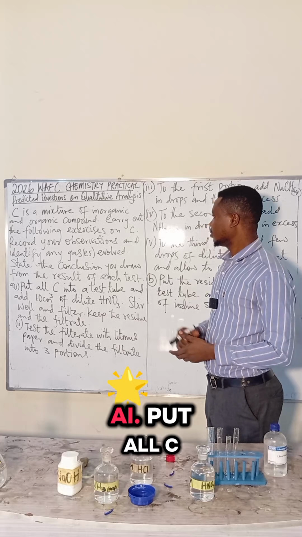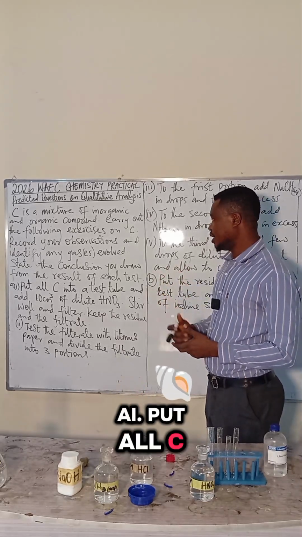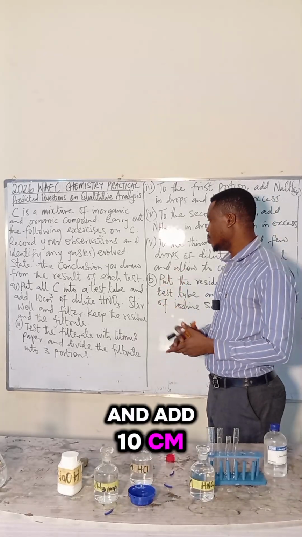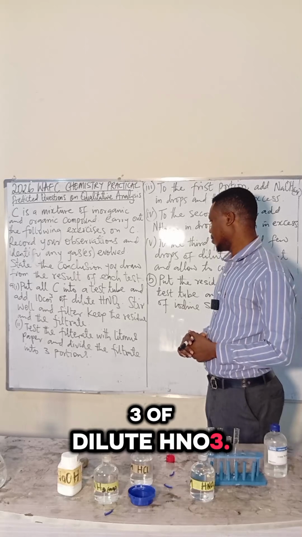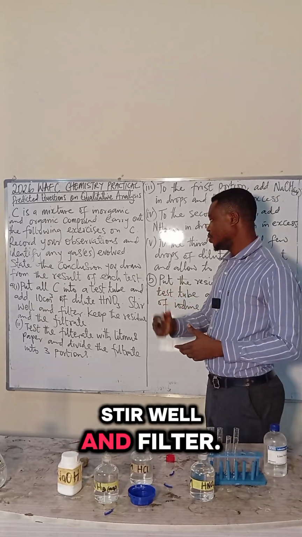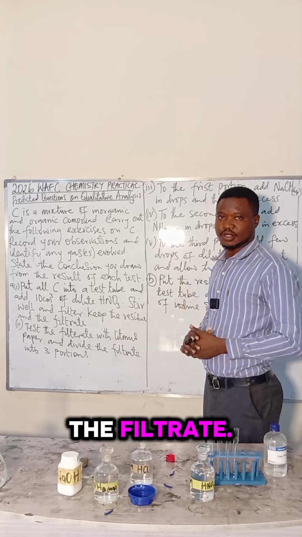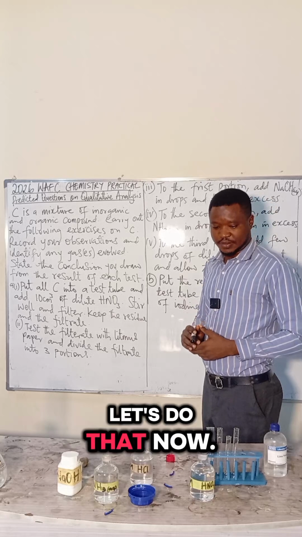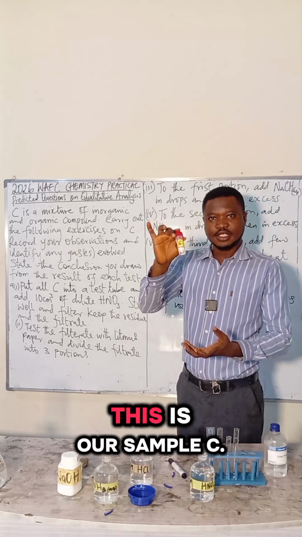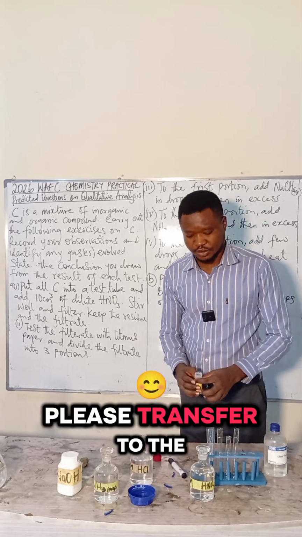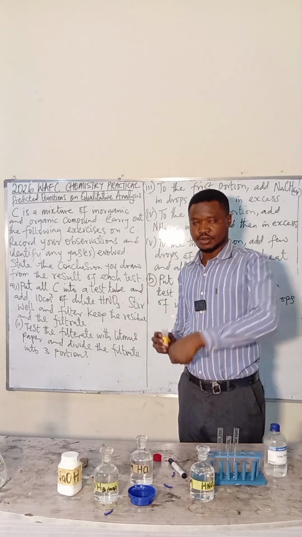Put all C into a test tube and add 10 cm cube of dilute HNO3. Stir well and filter, then keep the residue and the filtrate. Let's do that now. This is our sample C. Let's transfer to the boiling tube.